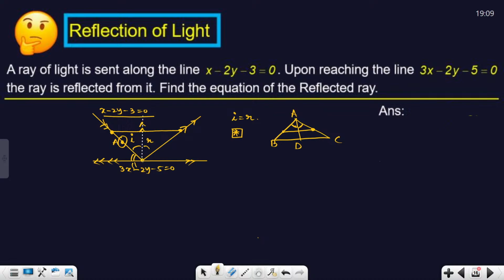So we are going to have this point. What will be this point? Let me solve these two equations. Simply subtract.